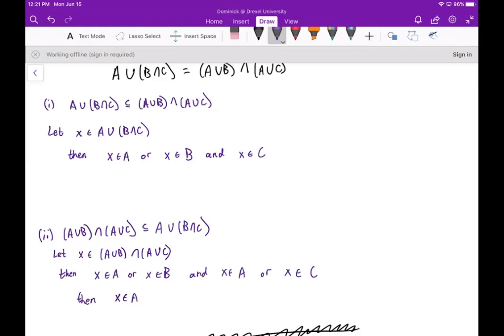Because we have X is in A or X is in B, and X is in A or X is in C. So let's suppose here that we have our X in A. So if X is in A, then it may or may not be in B, right? But we're definitely going to have and X is in A or X is in C, right?